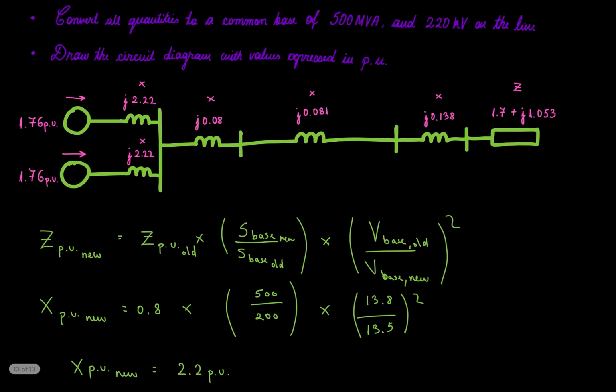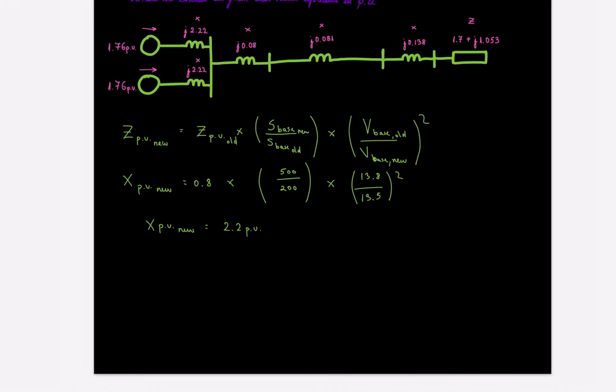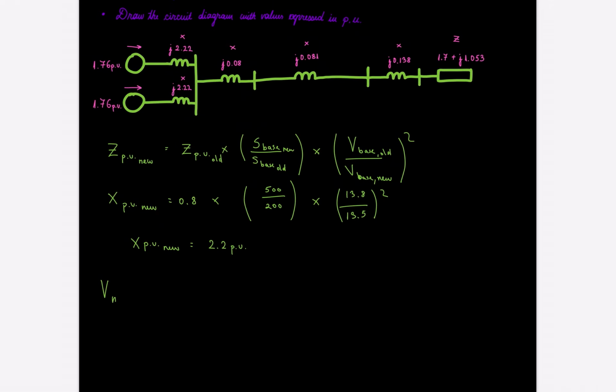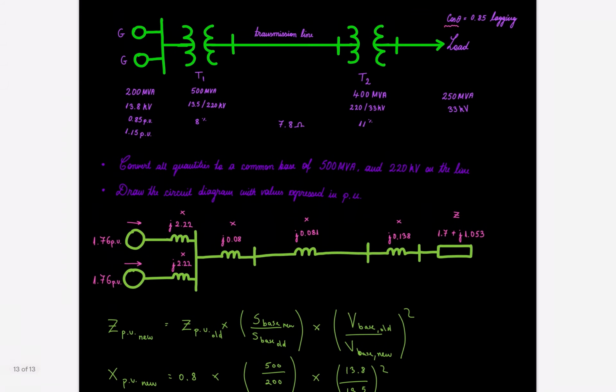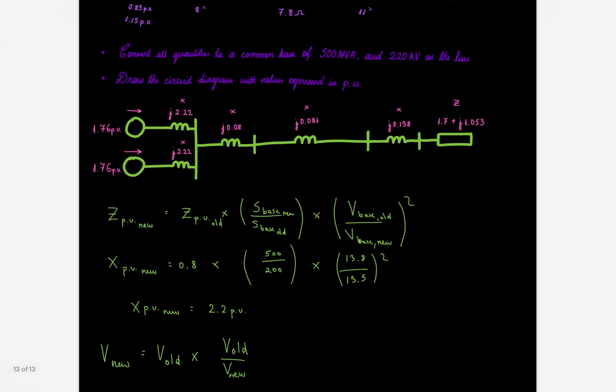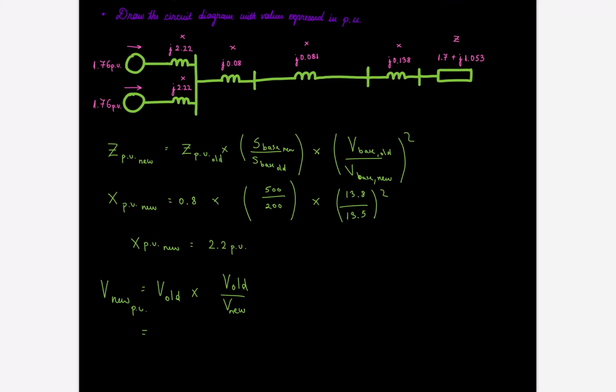So how do we do this? Voltage new is going to be the old voltage times by, once again, the old over the new, because we just have a ratio. So the old one we said was 1.15. It's already in per unit.